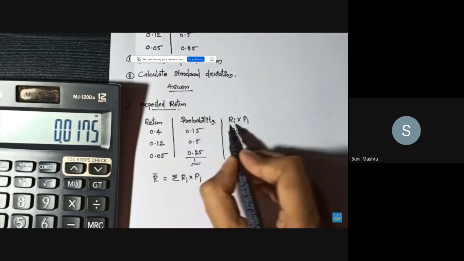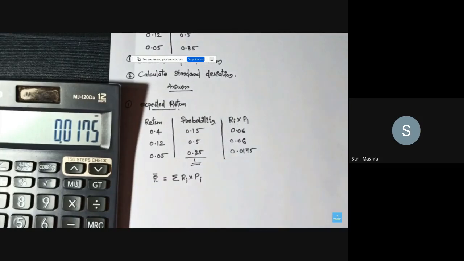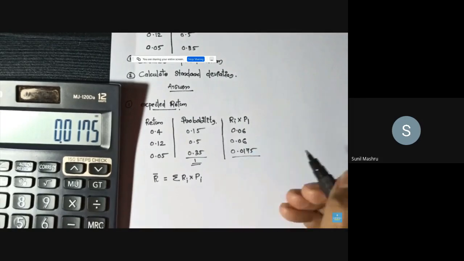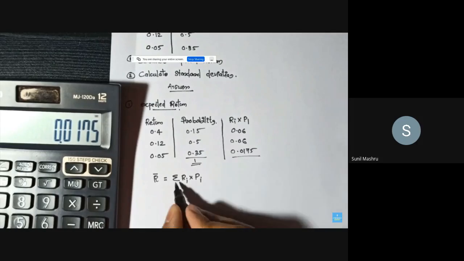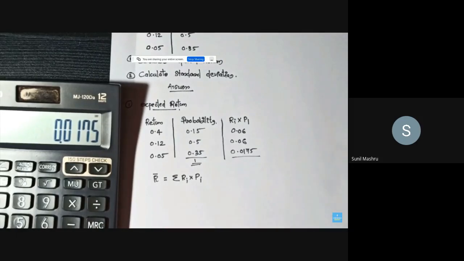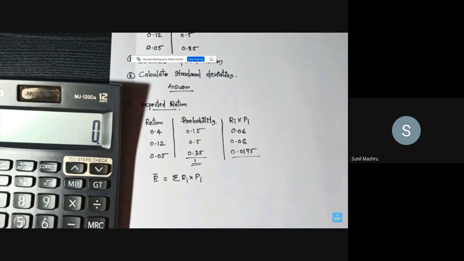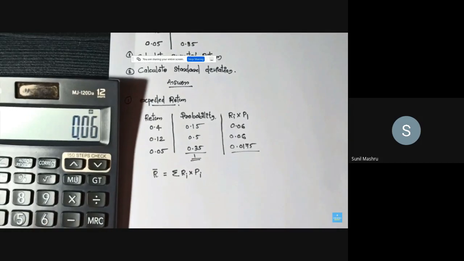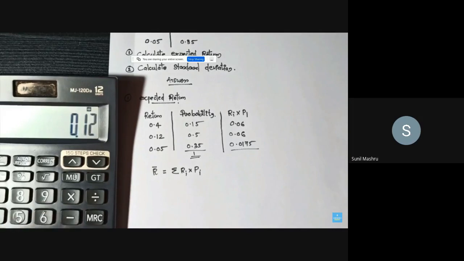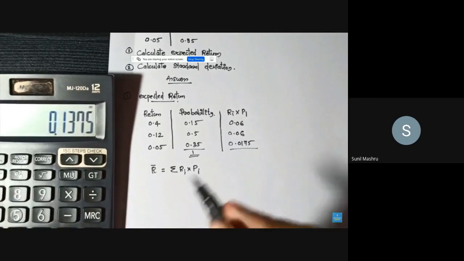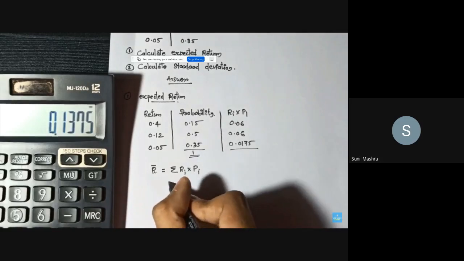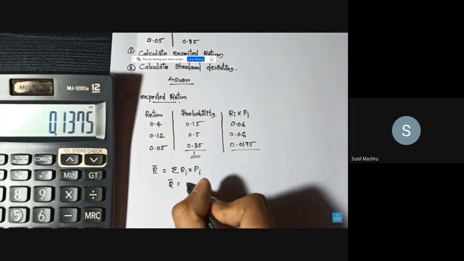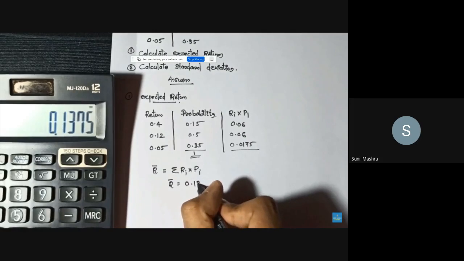We find out the concerned Ri into Pi. Now we have to add all these Ri into Pi in order to find out the expected return. That is this symbol called sigma. Sigma means we have to add all these Ri into Pi. So first 0.06 plus 0.06 plus 0.0175, that is equal to the expected return, R bar, equal to 0.1375.